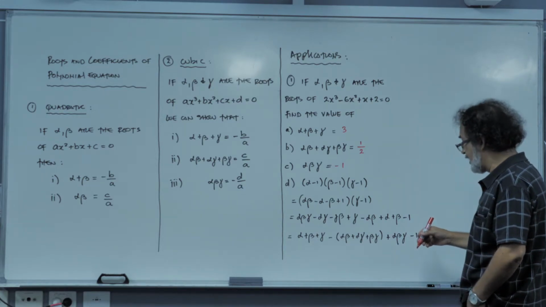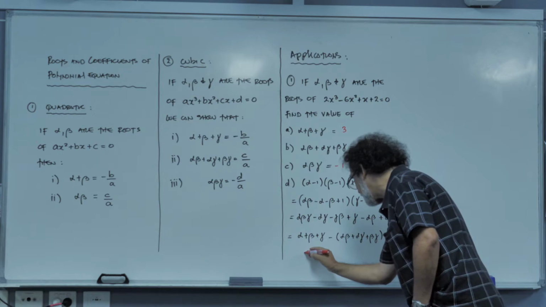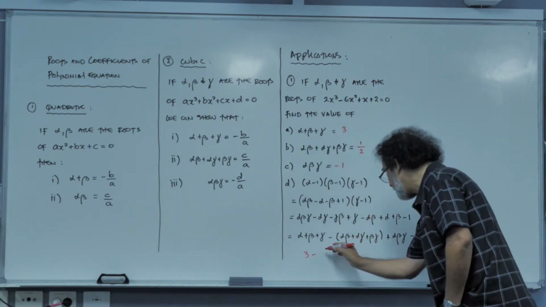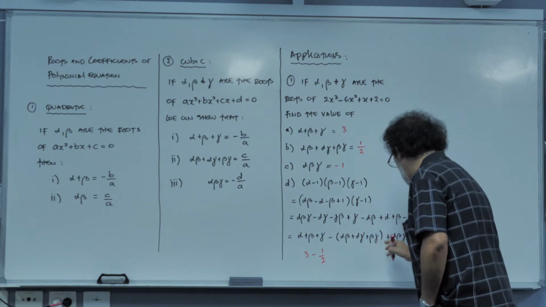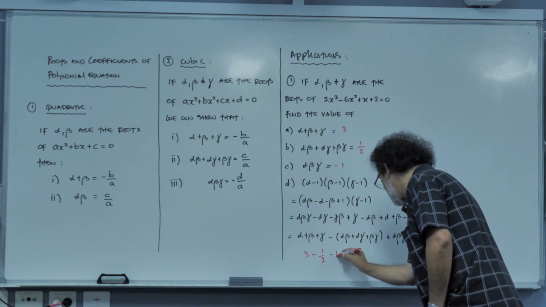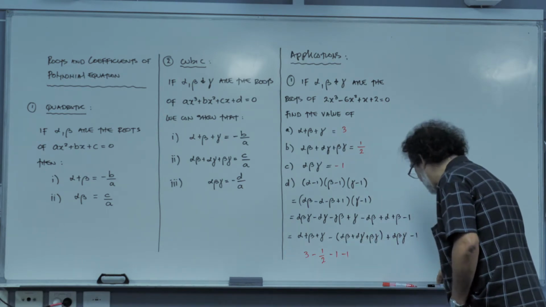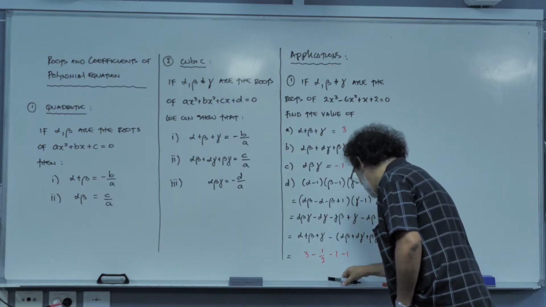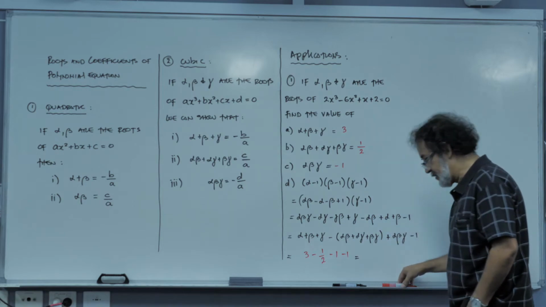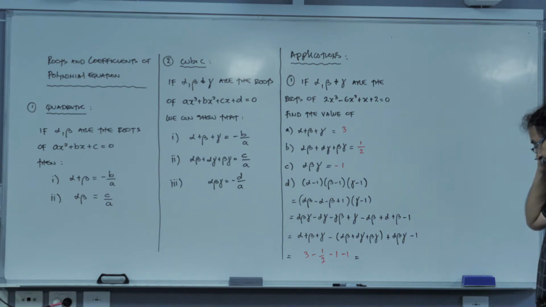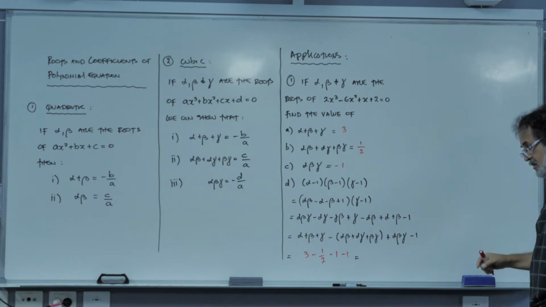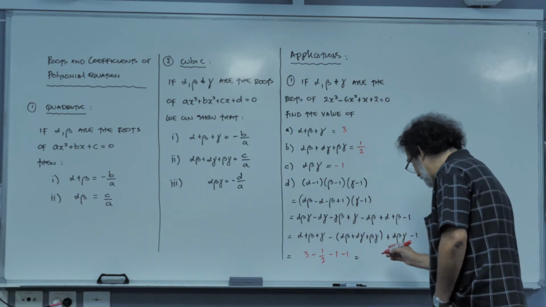So then the answer is going to be 3 minus a half, then minus 1, and then minus 1. Right, so the final answer is 1/2.